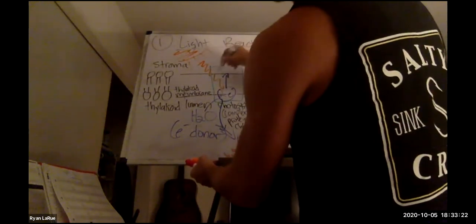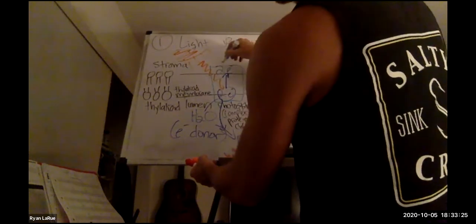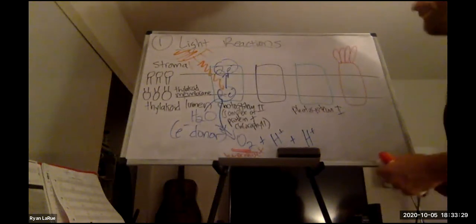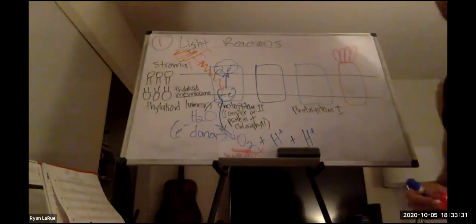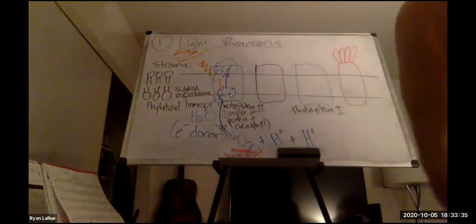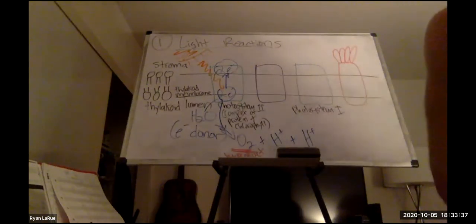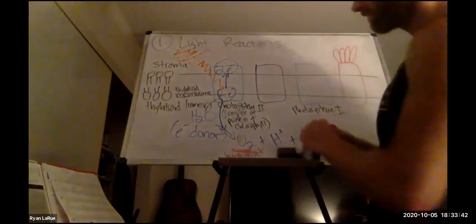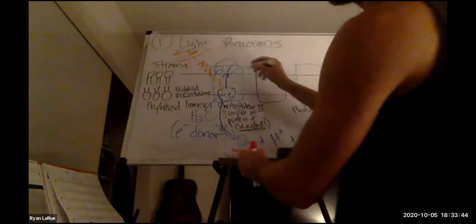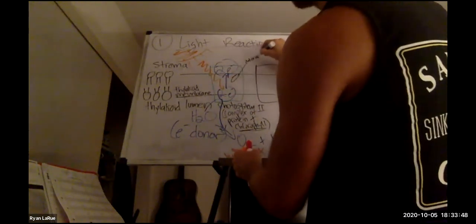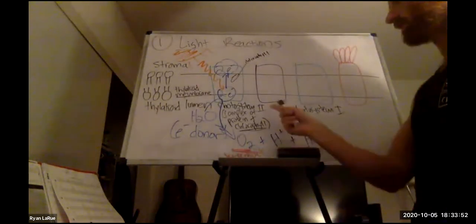So I'll represent that by drawing it higher up. So these electrons get excited by the sun to a higher energy state. And again, the reason this can occur is because we have chlorophyll pigment. So let's just say this is chlorophyll that can absorb a lot of that light energy in these photosystems.